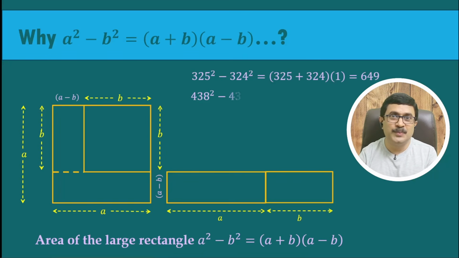I would like you to try this problem, 438 squared minus 436 squared, by applying the same method. And in the next video, I will take one step ahead of this so that you will understand applying the same equation in certain other situations in a different way.